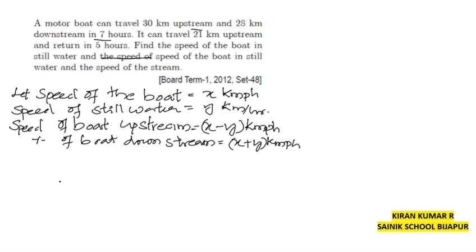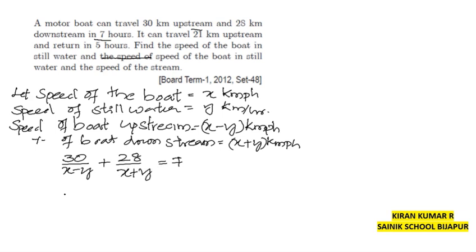So how do we find the time taken? Time taken will be distance divided by speed. Therefore, 30 divided by x minus y would give the time taken towards upstream plus the time taken towards downstream, which is 28 divided by x plus y. The total time taken is 7 hours.